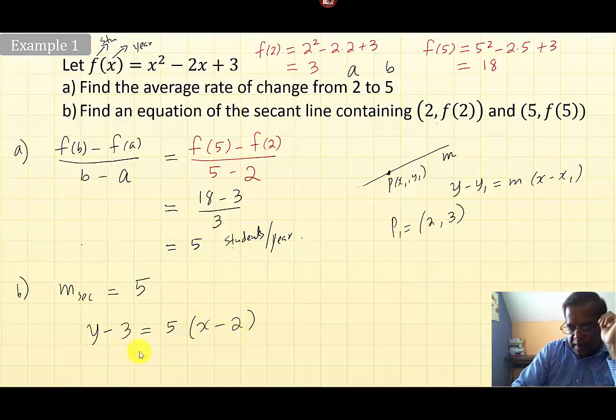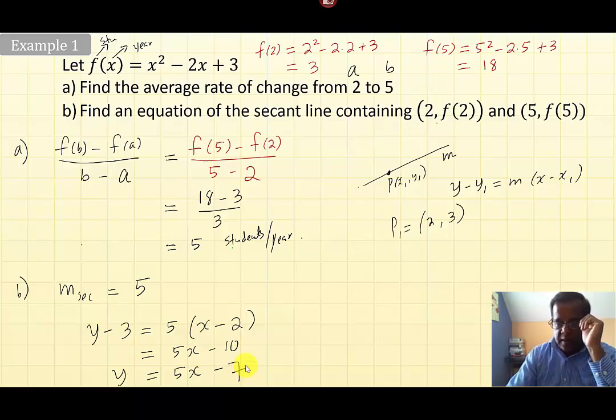Now if you simplify, you get 5x minus 10. Add 3 to both sides, so you get y equals 5x minus 7. So this is the equation of the secant line containing these 2 points.